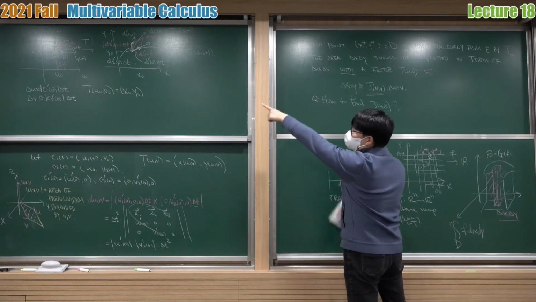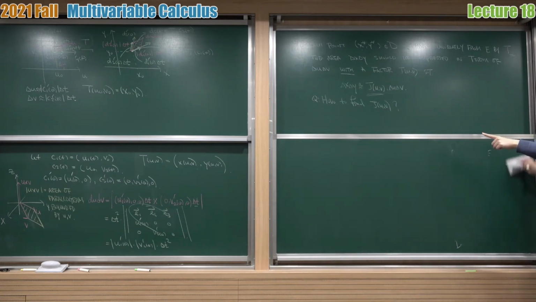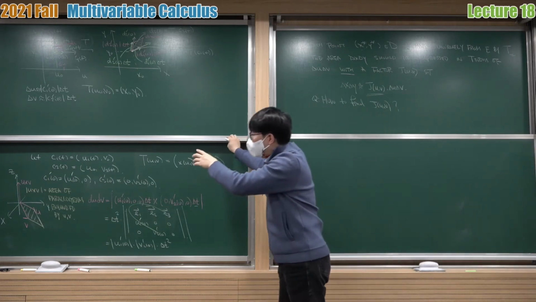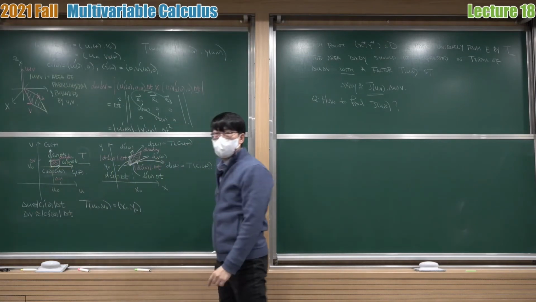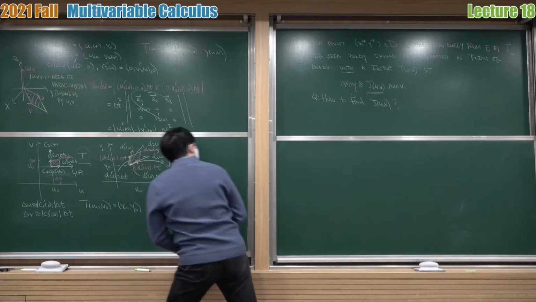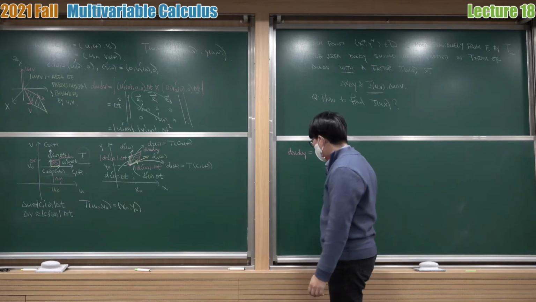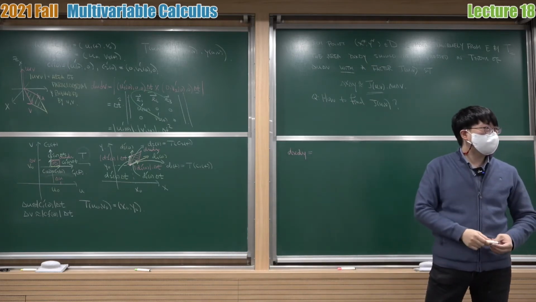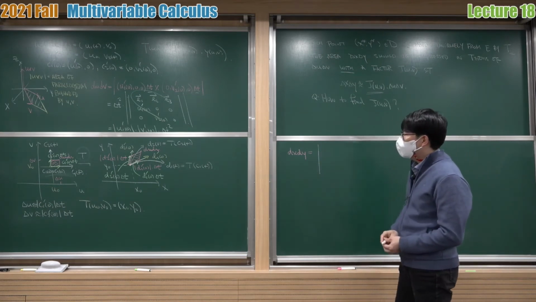Now, let's take the area of dx dy. dx dy is not a rectangular area. It approximately corresponds to the rectangular area in the UV plane. Again, it can be computed by the cross product of what?